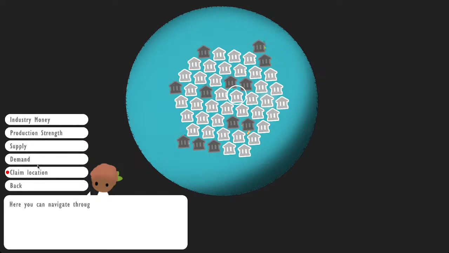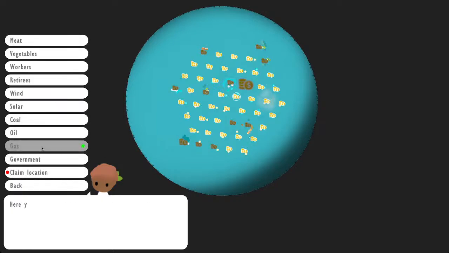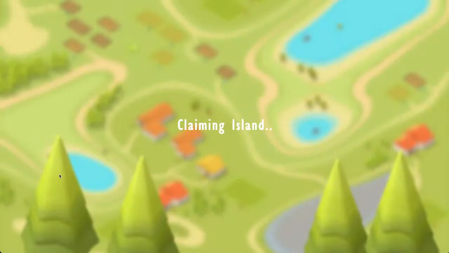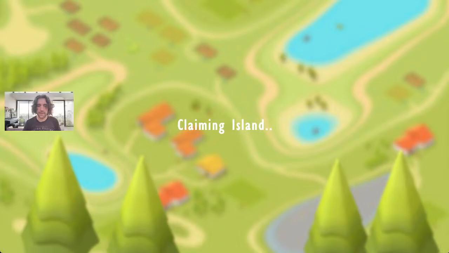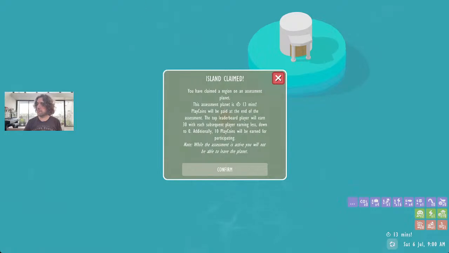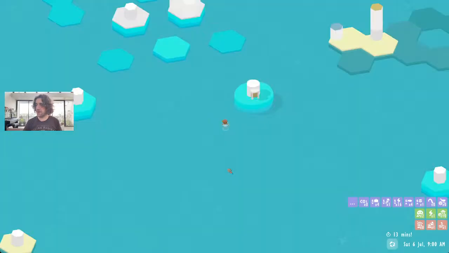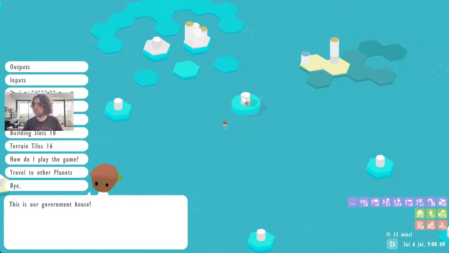I'm going to just log in, maybe actually next to this monopolist, just next there, and claim a location and have a look at what's going on inside that particular country. You can always refer to the demand and supply graph when you want to know more about energy.